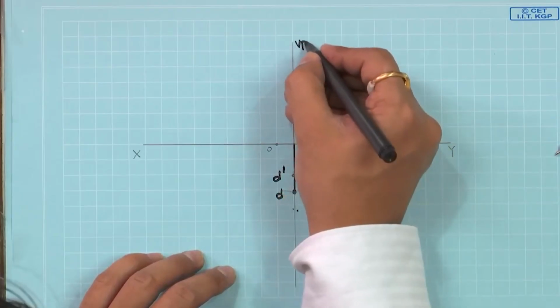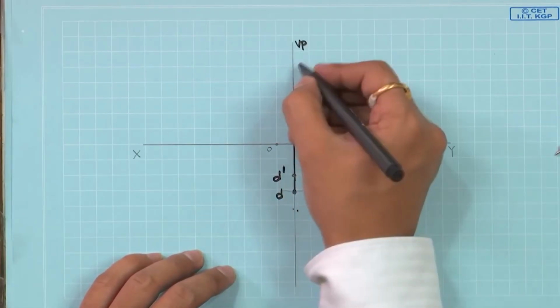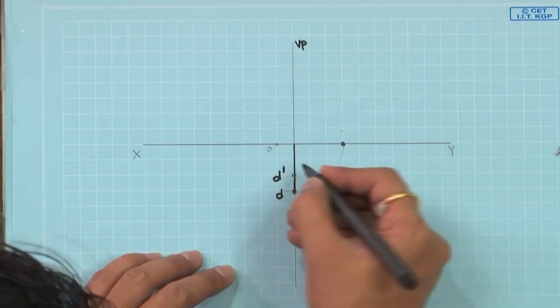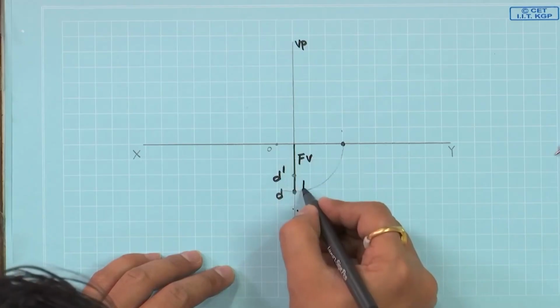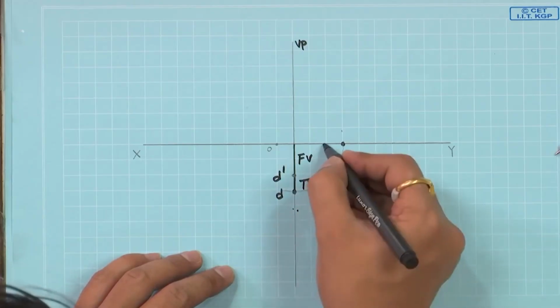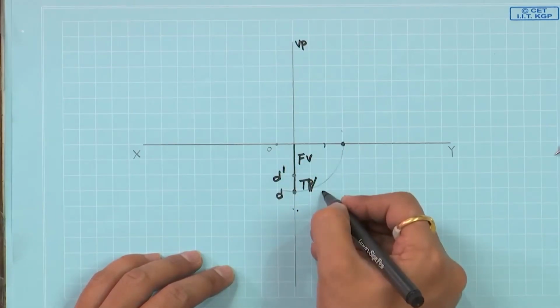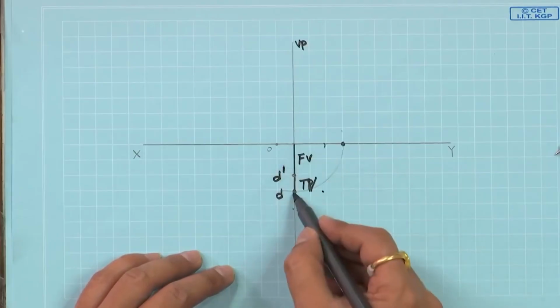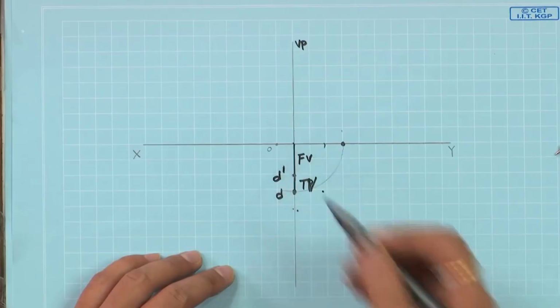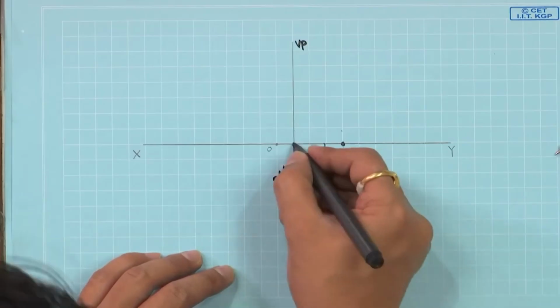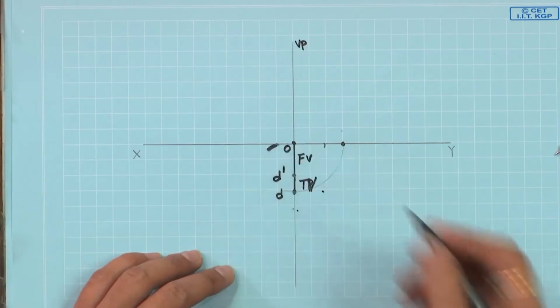This is the vertical plane. So, the front view will be this one and this one the top view. The top view of this length we are going to see all the way from the origin to point D, and the front view will be from the origin all the way to D prime. This is the origin, let us call.